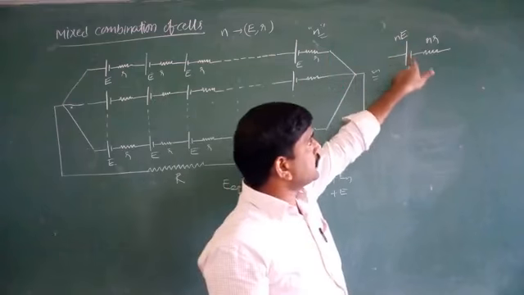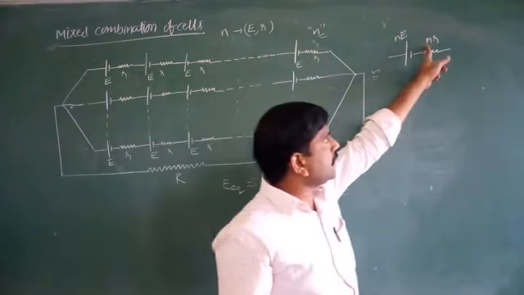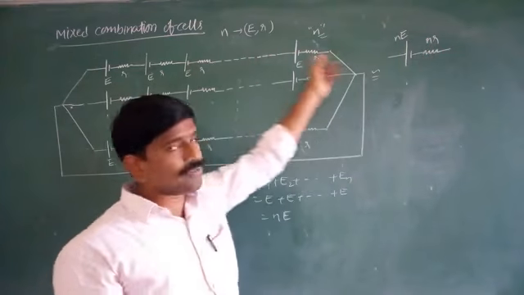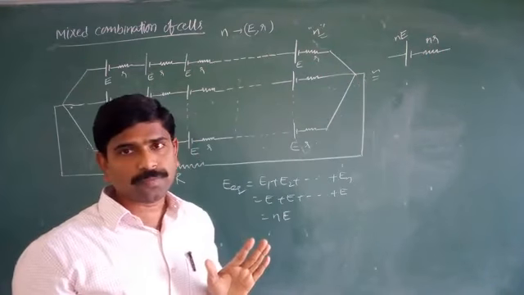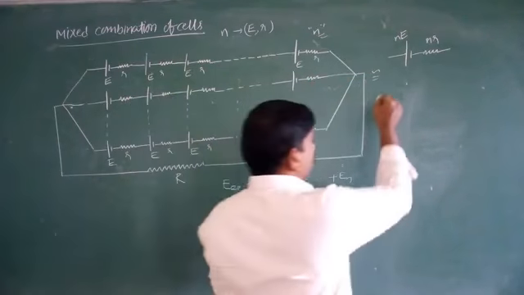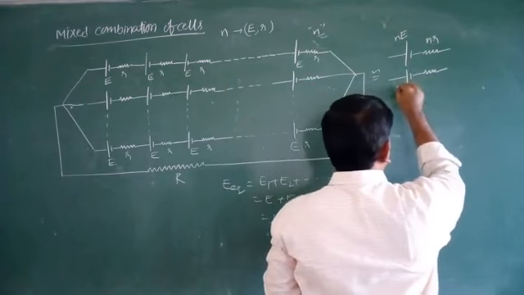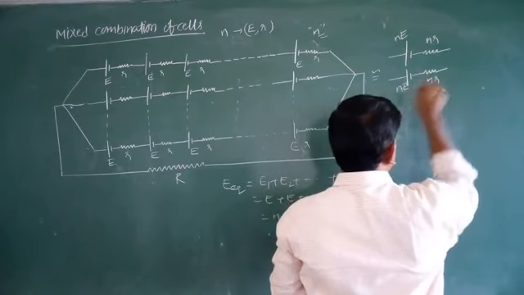So this is the equivalent EMF for this series combination, and this is the equivalent internal resistance for the first row. How many such rows are there? M rows are there. Here this one is the second row. All of them have the same EMF, that is NE and NR.